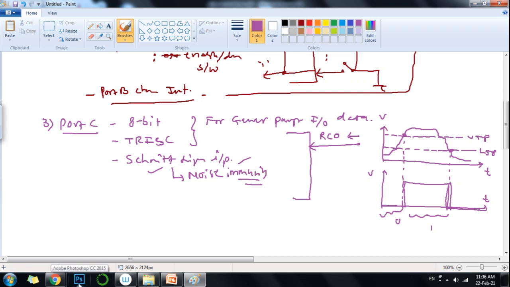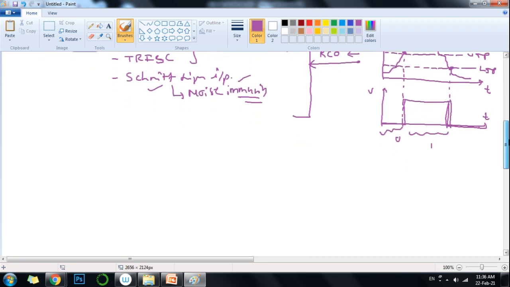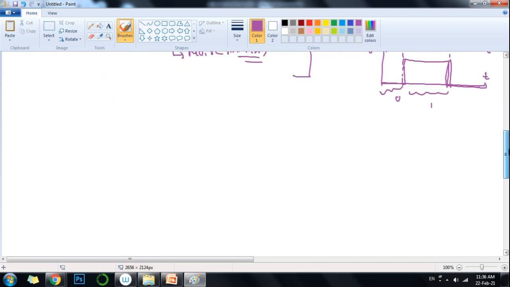Okay, that is about port C. Now let's go to port D. Port D is also an 8-bit port, exactly identical with port C. That means it's an 8-bit port.